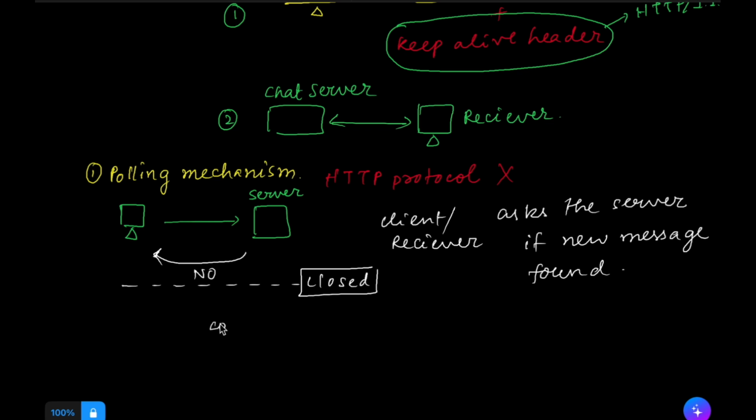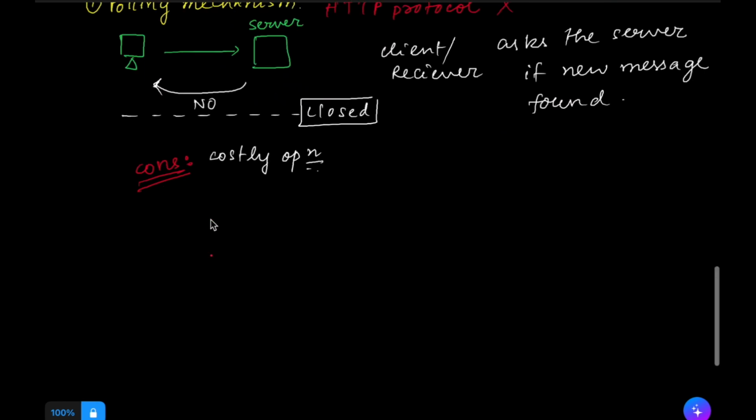These are the cons, the disadvantages of the polling mechanism. It is a costly operation, depending on the polling frequency. As a solution, we can use a long polling mechanism.